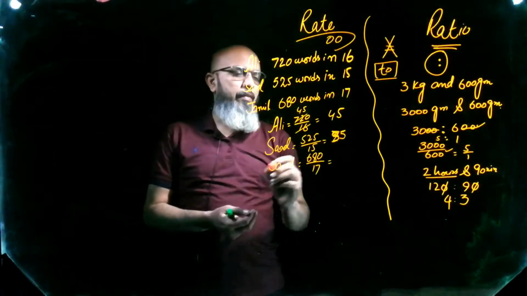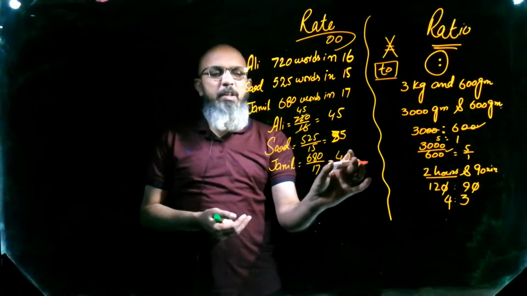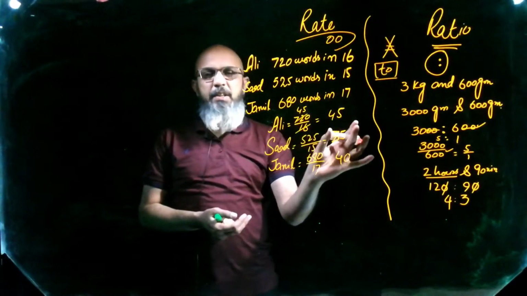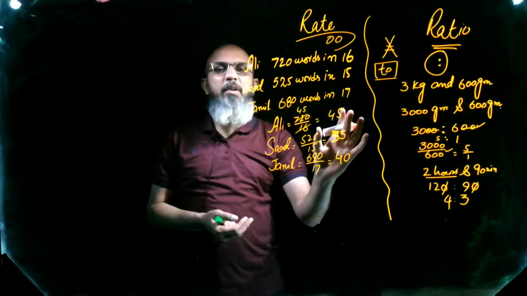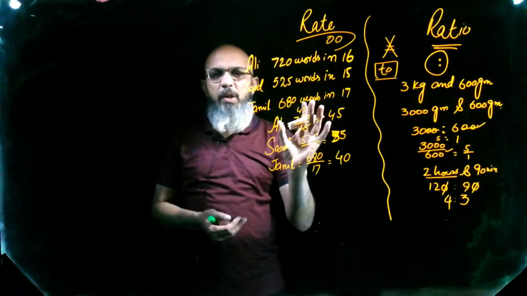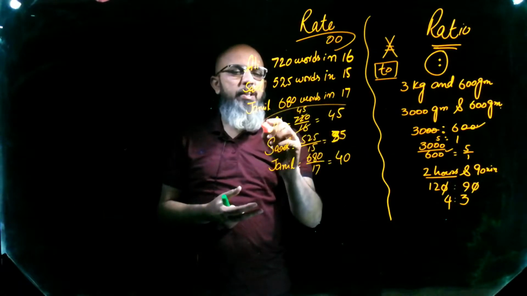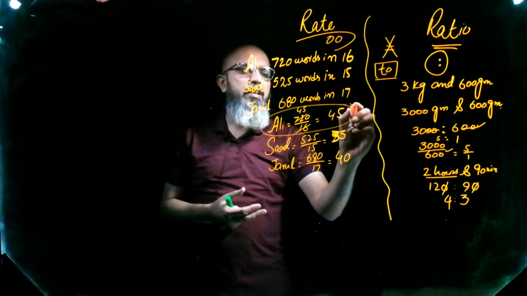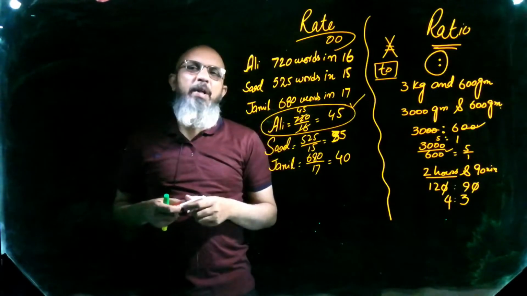Now 17 4s are 68, so Jameel's speed is 40 words per minute. Saad's speed is 35 words per minute, and Ali's rate is 45 words per minute. So whose speed is the fastest typing speed? That is Ali. In this way you will solve your rate questions.